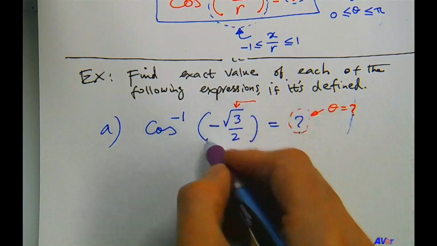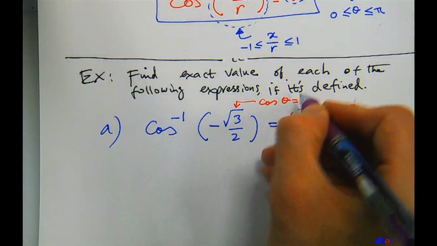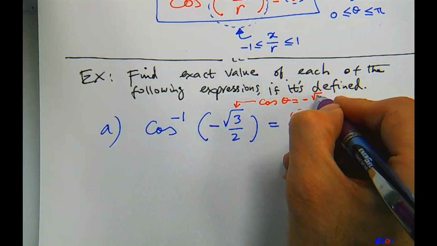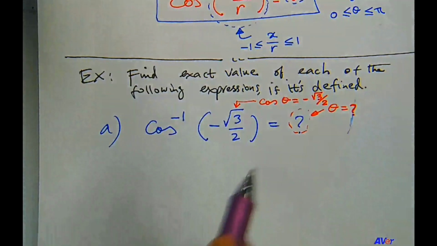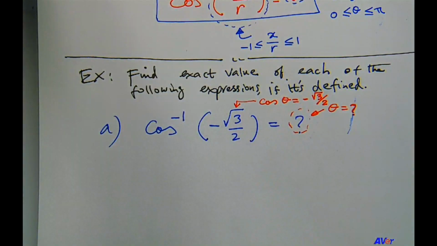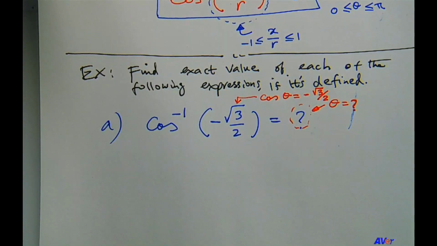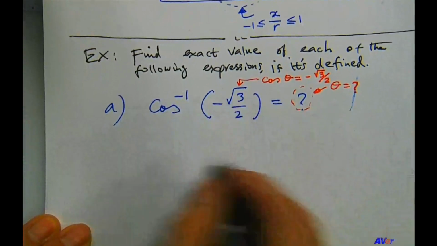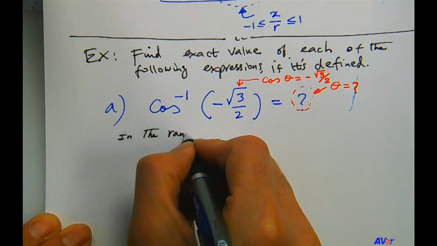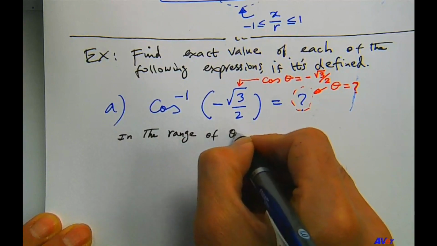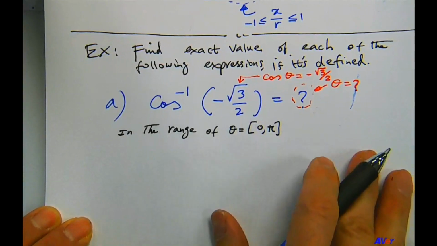And this minus square root of 3 over 2 means that there must be some angle theta for which cosine of theta is equal to minus square root of 3 over 2. Of course, provided that this angle is between 0 and pi. That's our condition. Okay, so in the range of theta going from 0 to pi, right?